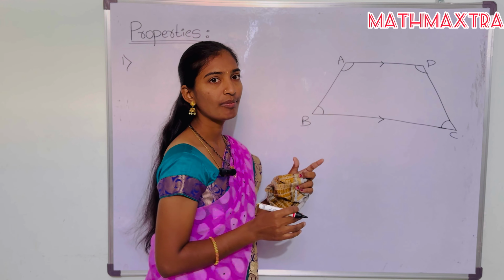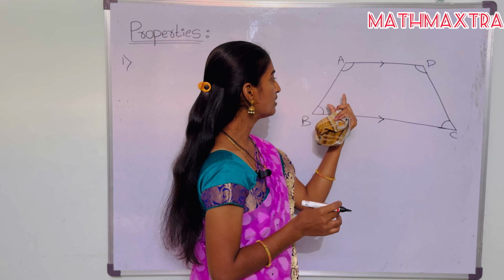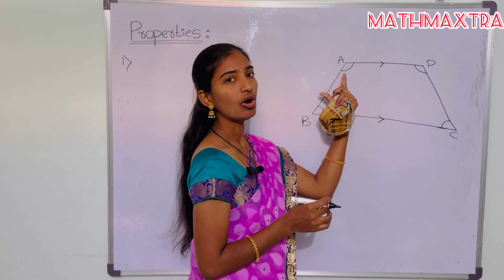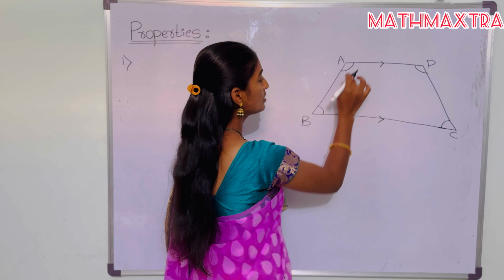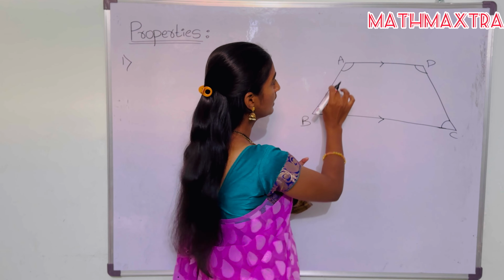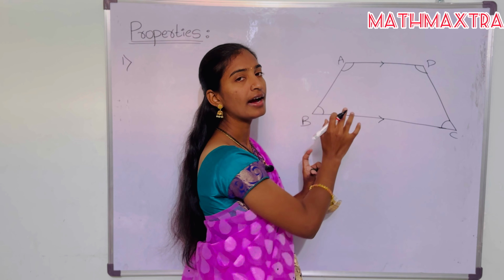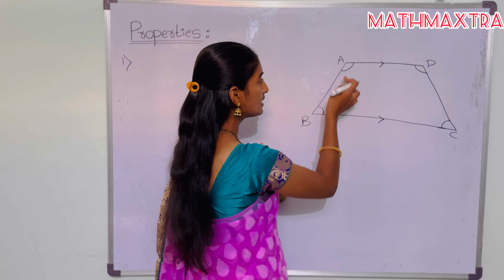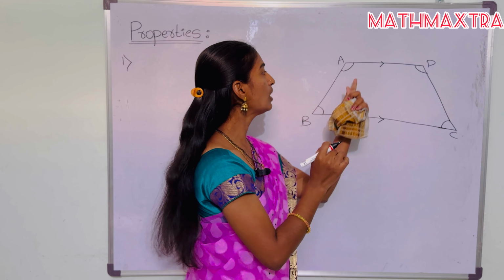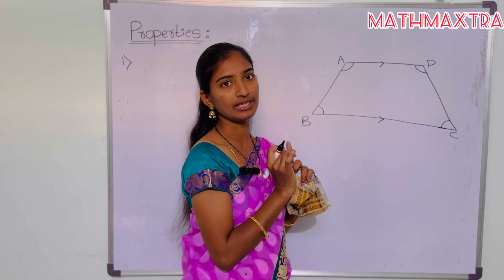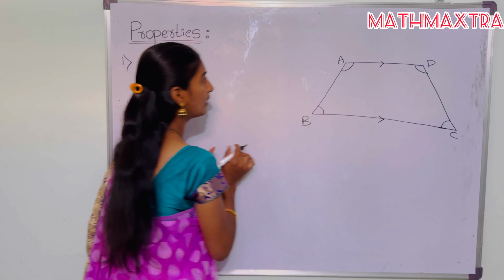So the first property is that the angles which have a non-parallel side as a common arm, these two angles, are always supplementary. So what is the first property?